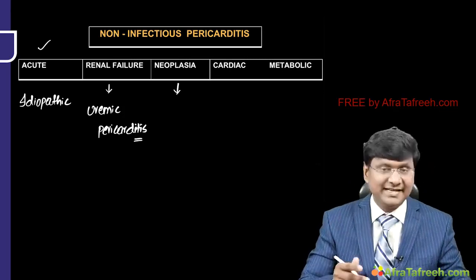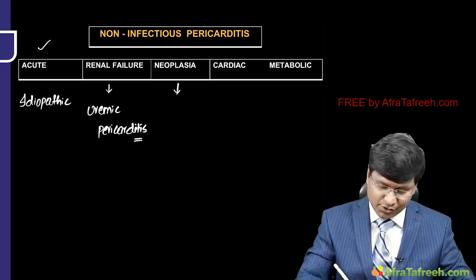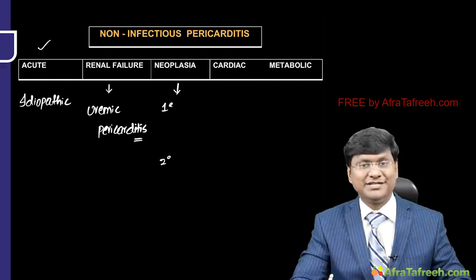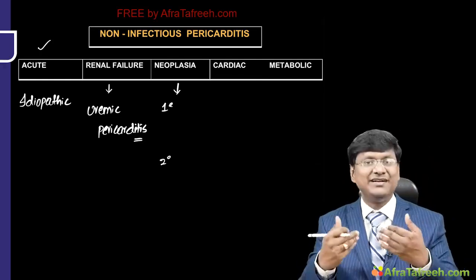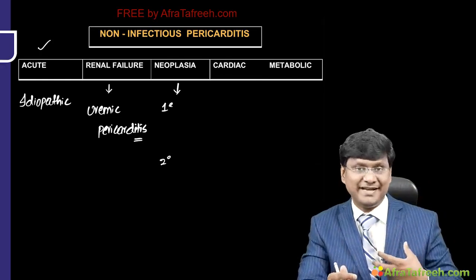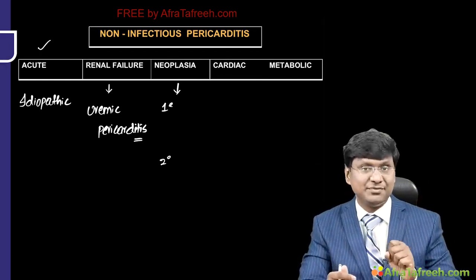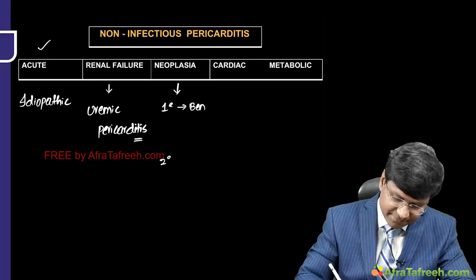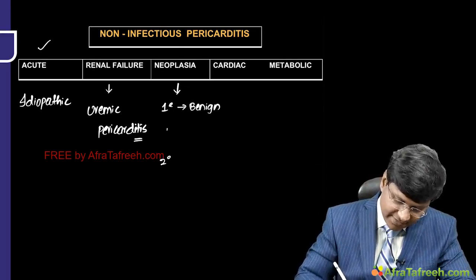Next is certain malignancies or neoplasias. So we have the primary tumors and we have the secondary tumors. Secondary tumors are nothing but the ones which are metastasizing to the pericardium. The primary tumors include benign tumors, and then we have malignant tumors.